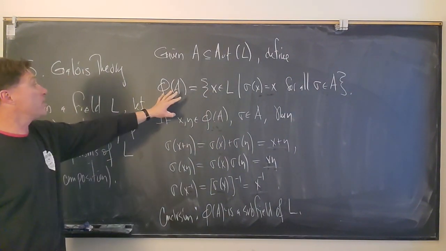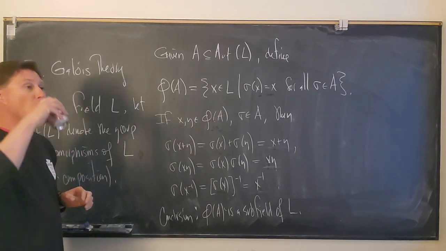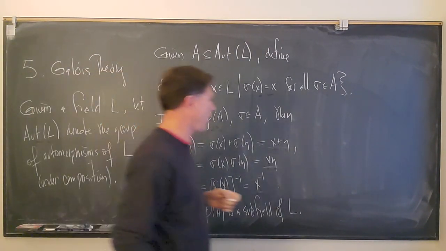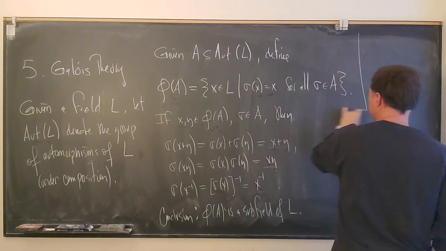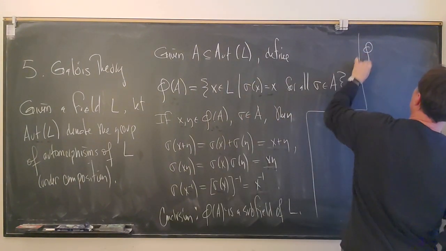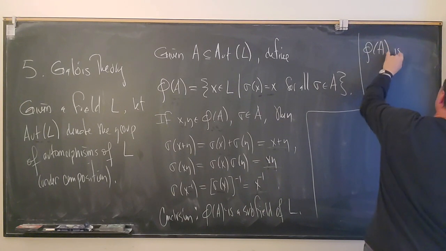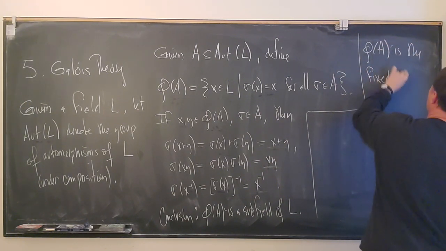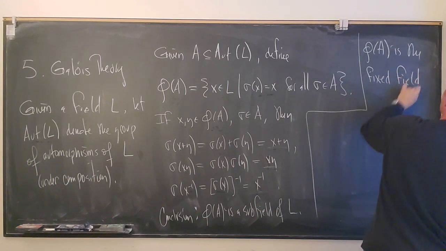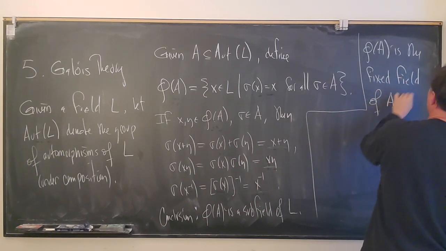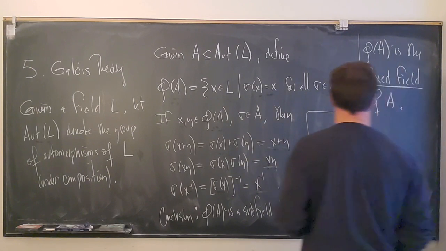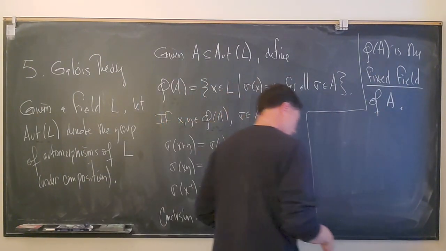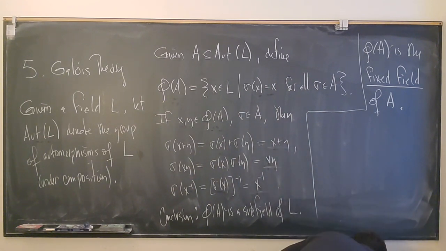This phi of A actually has a name. It's called the fixed field of A. I remember when I was first teaching out of this book, the first time I used it, and they used this symbol phi.